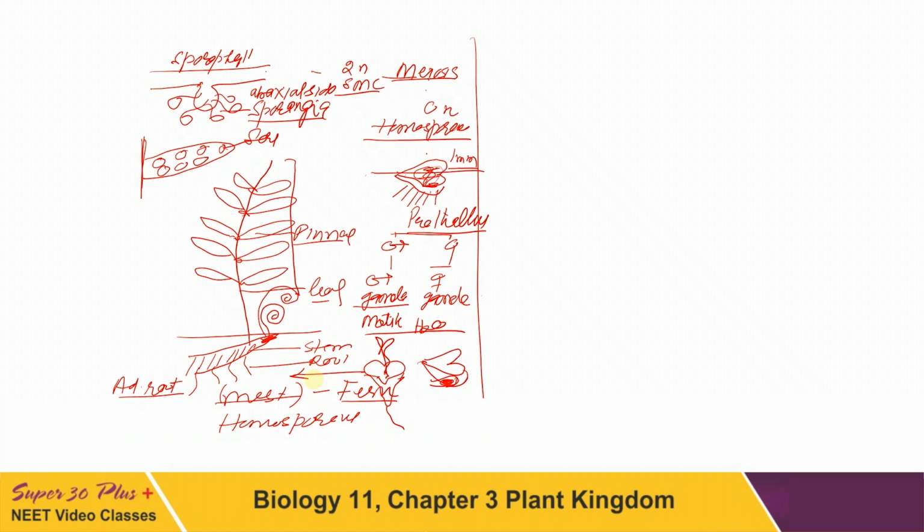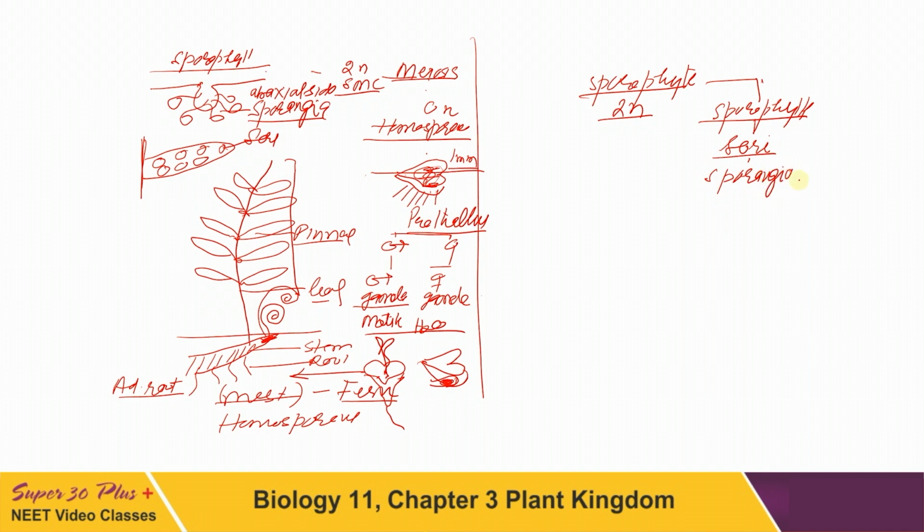If you see the alternation of generation, this is the sporophytic phase. This one is the sporophyte, having 2n number of chromosomes. The sporophyte has sporophylls, and sporophylls bear sori. Sori have sporangia.